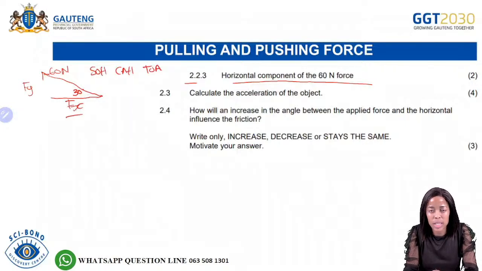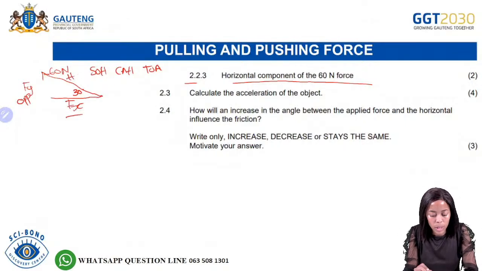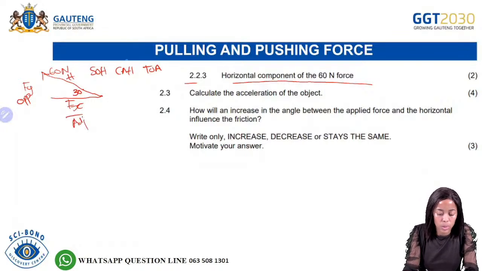And remember we said that the side opposite to the angle is called your opposite side, and then this one would represent your hypotenuse, and this one would represent your adjacent. Okay, so we are looking for the adjacent.